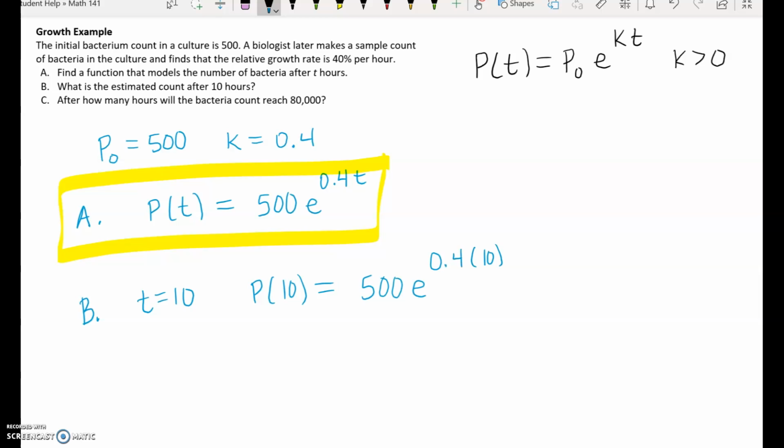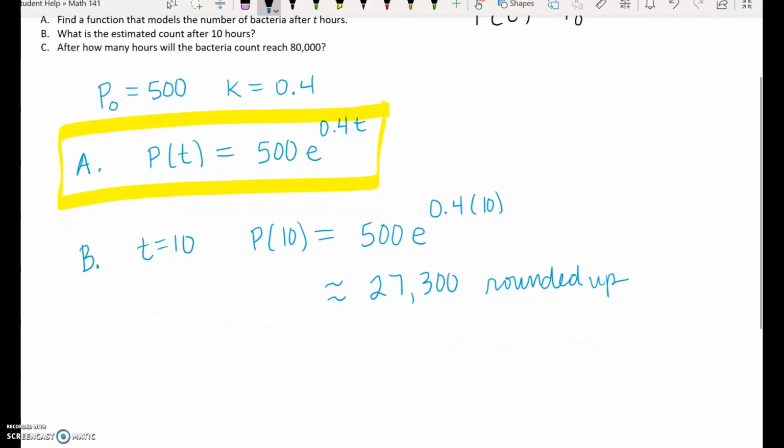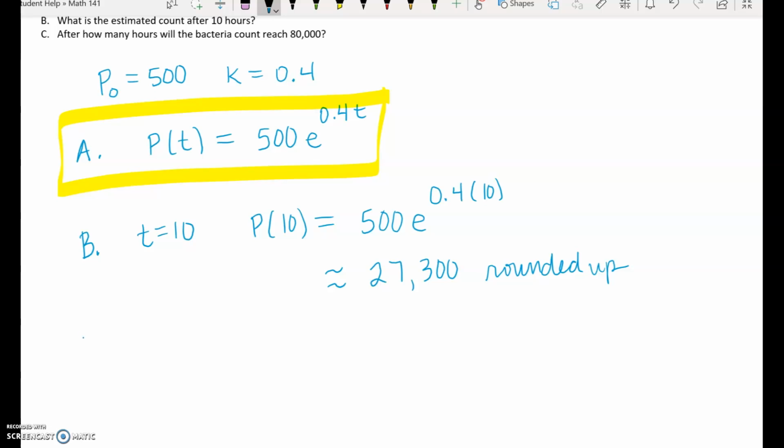You can just plug this into a calculator and you're going to get around 27,300. I think this was rounded up.